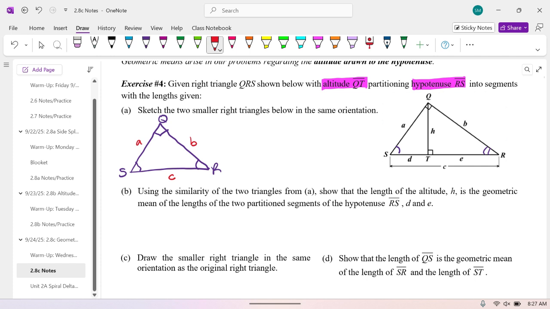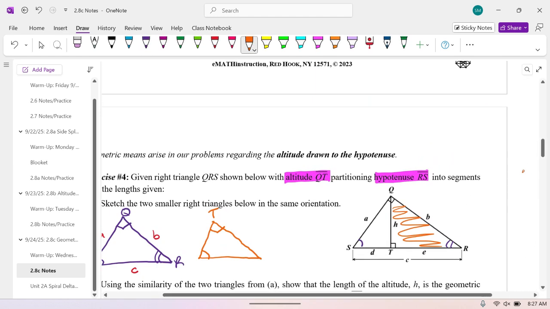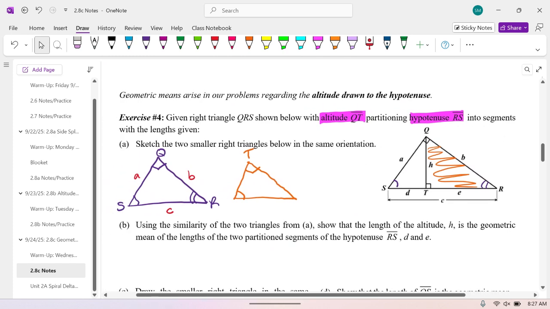Now, what would my medium triangle be? So if I'm looking at my medium triangle, so this one right here, the right angle needs to be on top. So what big letter goes with the right angle? T. Now we know the 1 tick's got to be on the left and the 2 tick has got to be on the right.